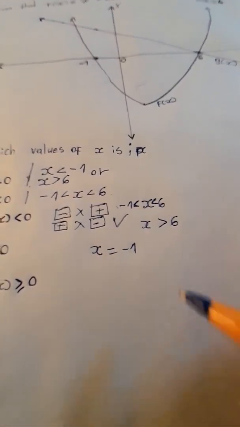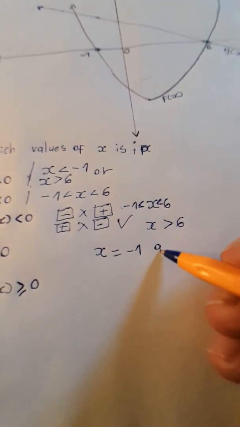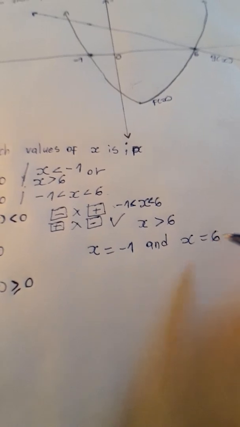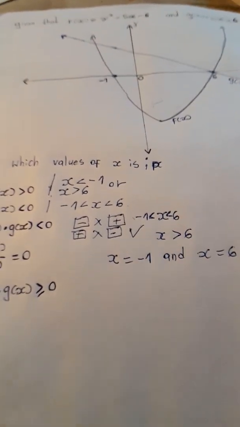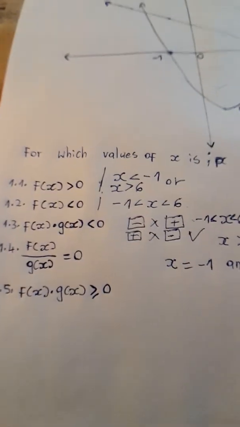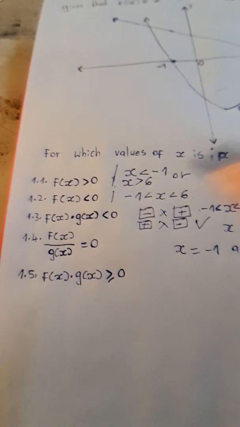And x is equal to 6, because if we put 6 in the equation, we will get a 0, and 0 divided by anything will be 0. This is how you answer 1.4.